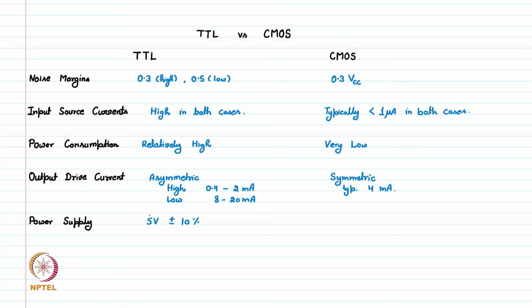So the range for a 5 volt power supply is between 4.5 and 5.5 volt. For CMOS logic, this voltage range is very wide. For older technologies, this voltage range is typically 3 volt to 18 volt. However, in recent technologies the supply voltage range is typically 0.9 or 1 volt.